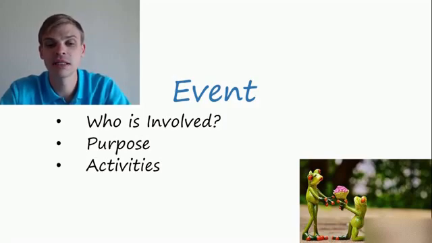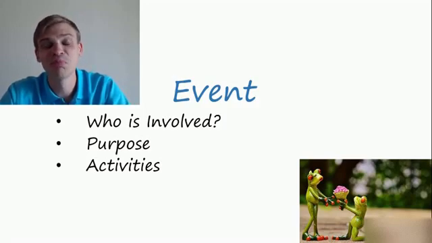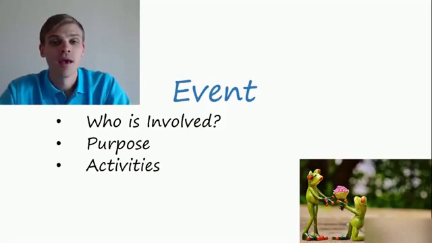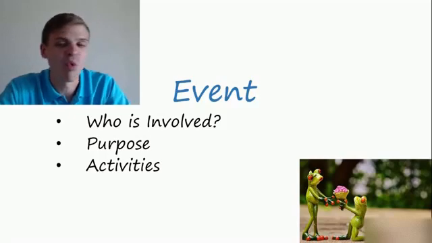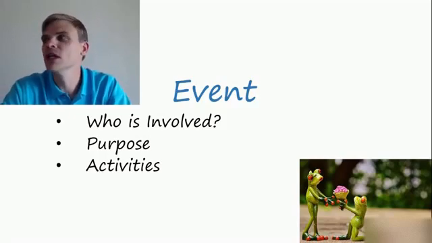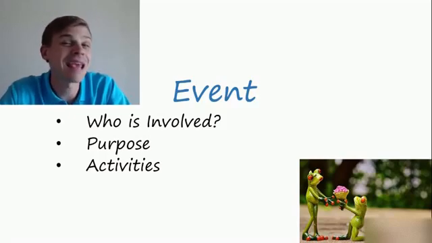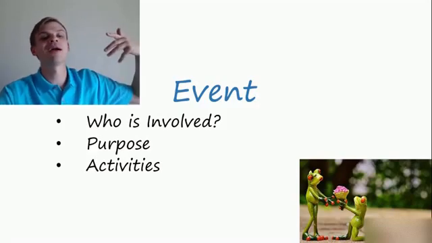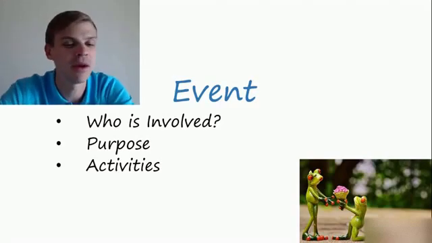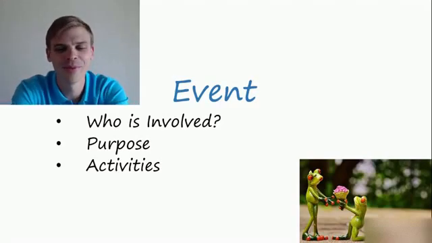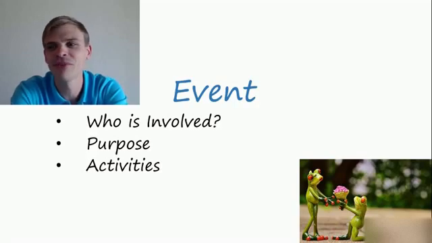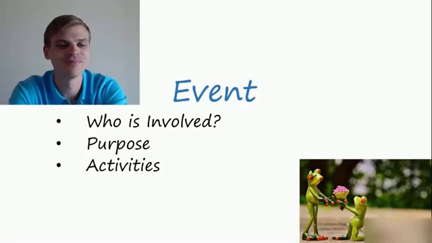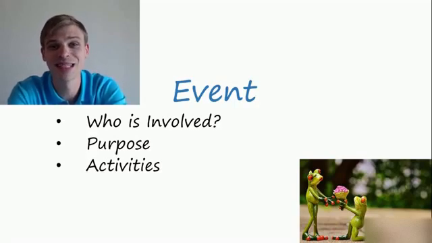The purpose is the male frog is proposing. And so there's this event, this wedding event. The activities, well, they will probably be singing, dancing, and eating food. There will be a priest there pronouncing them husband and wife. So I don't know if they'll play games. The purpose, of course, is to get married.